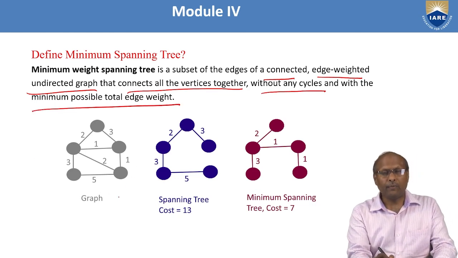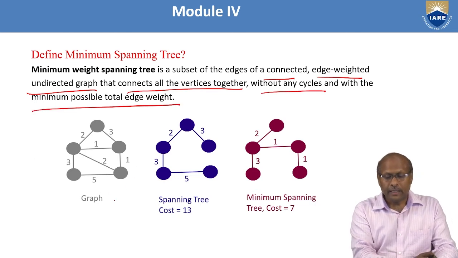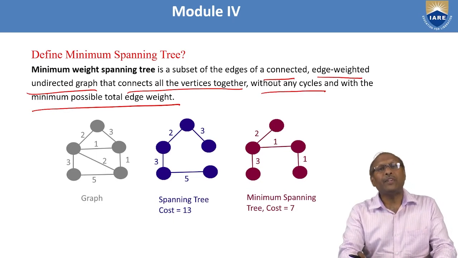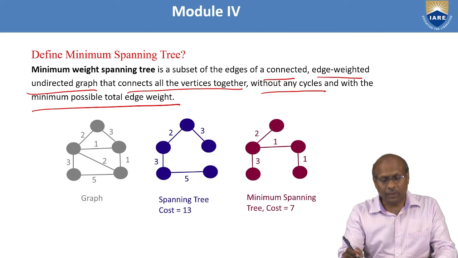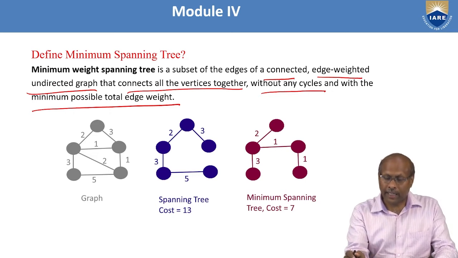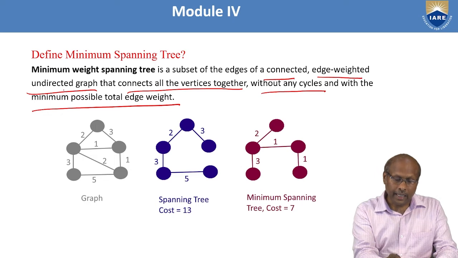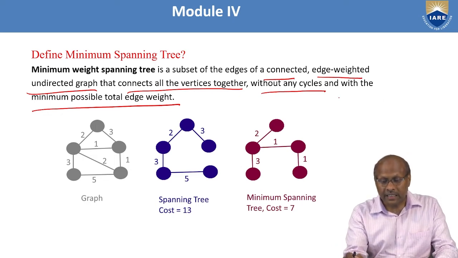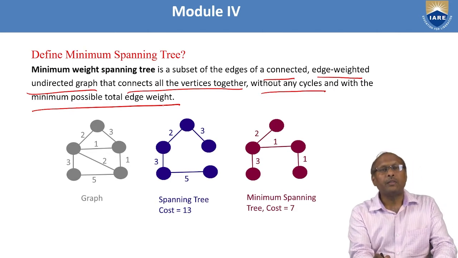So from a graph you would find a minimum spanning tree with minimum weight, which will be connecting all the vertices with the minimum weights.